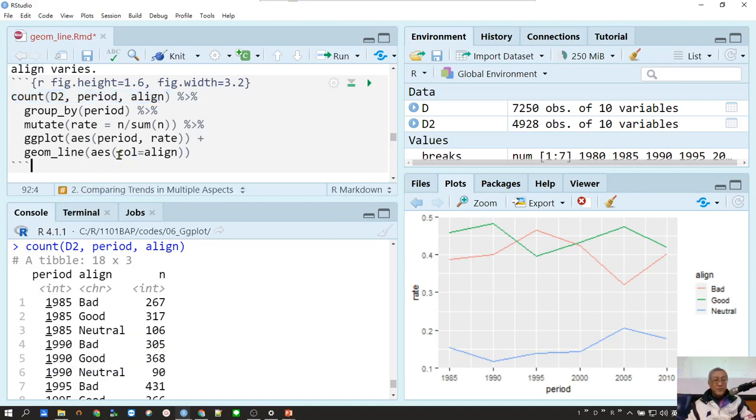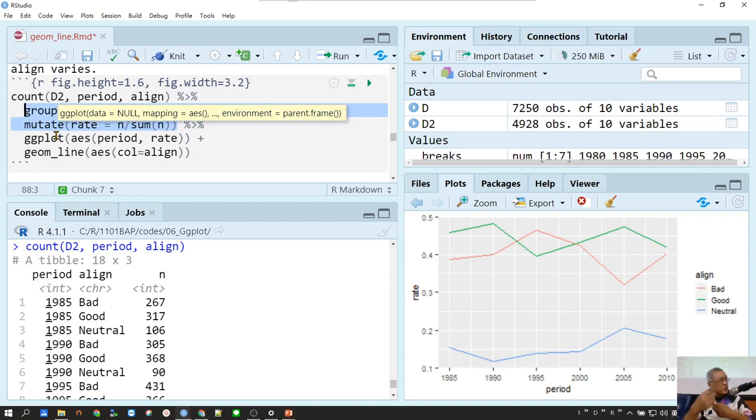And then I group by period, and I mutate. Why am I doing this? What are this group and mutate doing? Now there are 2 questions.